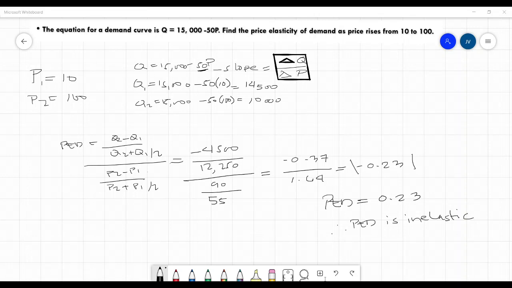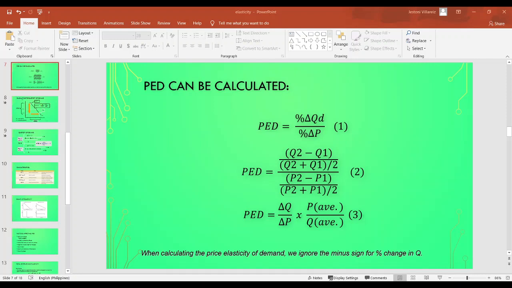And then for other types of price elasticity, kaya ko na siyang pasasan. Because once you grasp the concept of price elasticity of demand, then it is easier for you to understand the other types of elasticity.